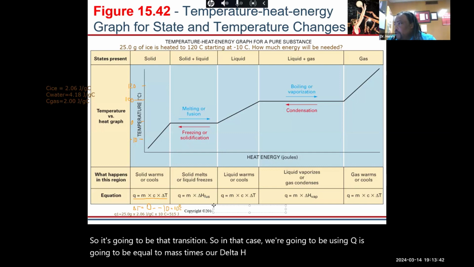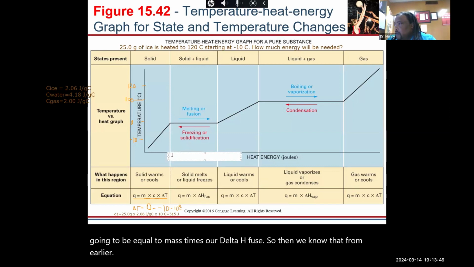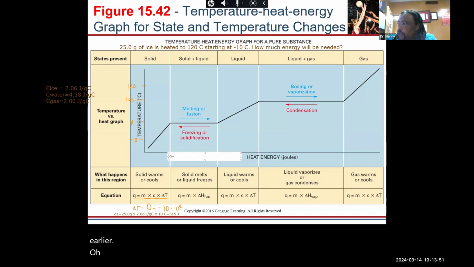So we know that from earlier, Q equals 25.0 grams times our delta H fuse, which was 333 joules per gram.